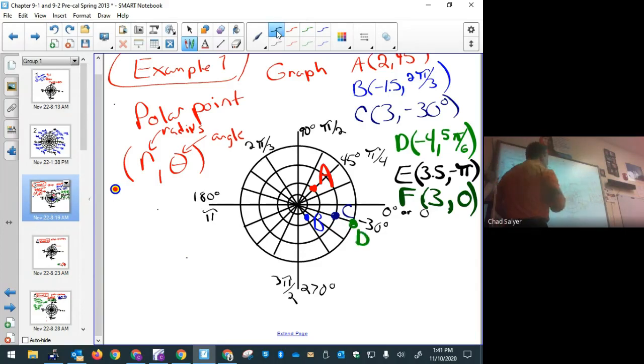Let's see. Anna. Towards π, yes, that's correct. Because negative π and π are the same angle. And then what about the last one, JT?